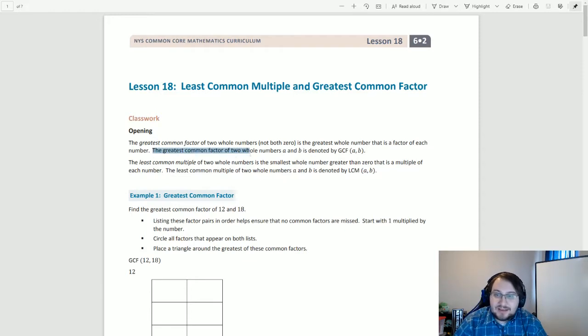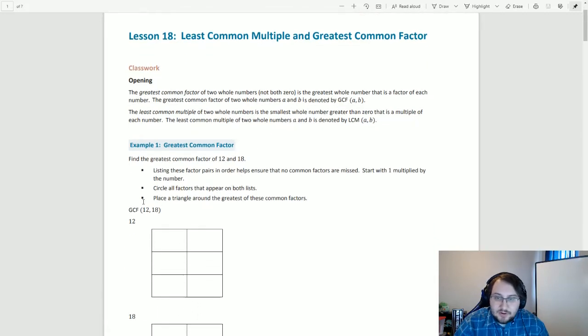The greatest common factor of two whole numbers A and B is denoted by GCF(A, B). So if I look down here at example 1, we're finding the greatest common factor between 12 and 18, so it's noted as GCF(12, 18). First number is A, second number is B.